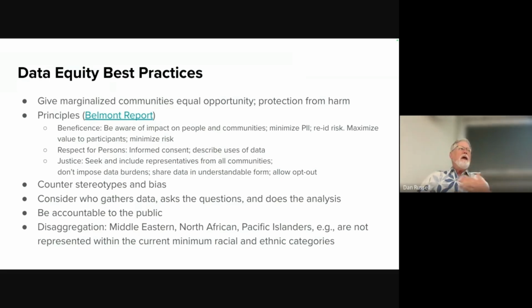So we believe, I think Peter would agree with me, that in our data handling, our ethical stance on data should be to counter stereotypes and bias, be careful and think about who's gathering the data and why, and be accountable to the public. Part of being accountable is understanding how people think about the data versus how I, the technology person, think about the data.